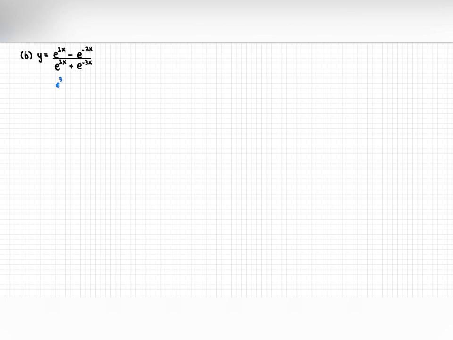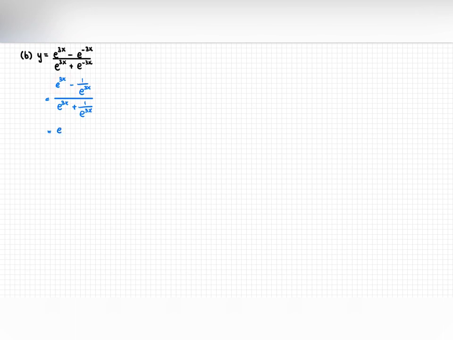e to the power of 3x minus 1 over e to the power of 3x divided by e to the power of 3x plus 1 over e to the power of 3x. Okay, so ini yang pertama. Kemudian saya akan samakan denominator e of 3x dengan e of 3x ini. Kita samakan denominator.